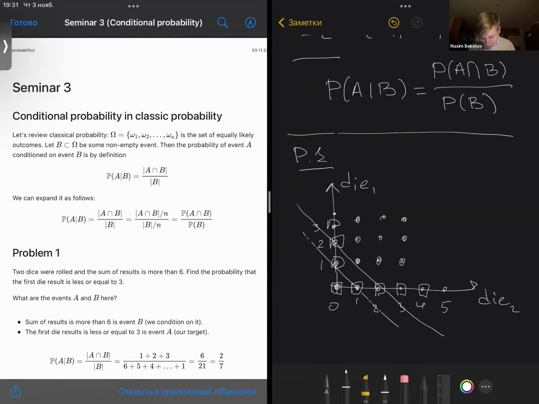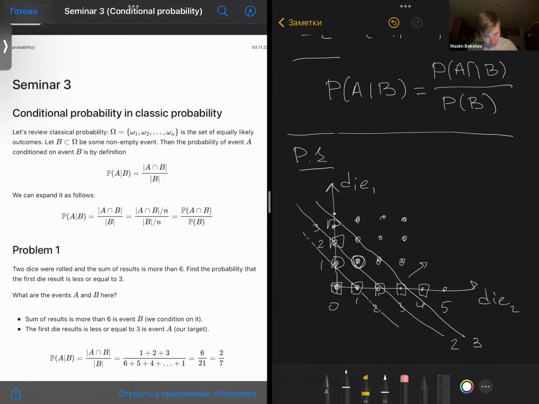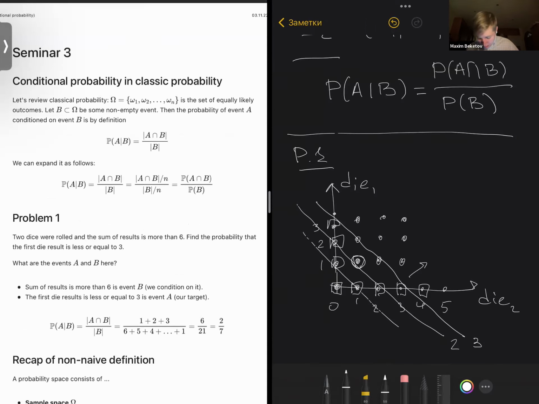I overcomplicate this, but anyway, you can either have 2 being the overall sum, and there's 1 option for that. Or you can have the total sum being 2 and 1, or 1 and 2, that is 3, of course, and so on. With every step along this direction, the total sum increases by 1. And you know that the sum of the results is more than 6.